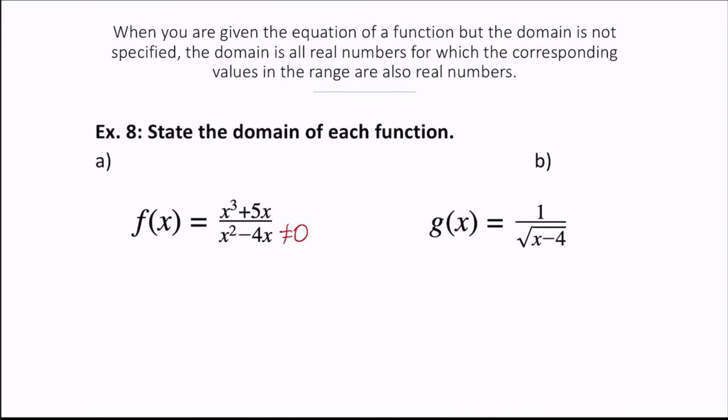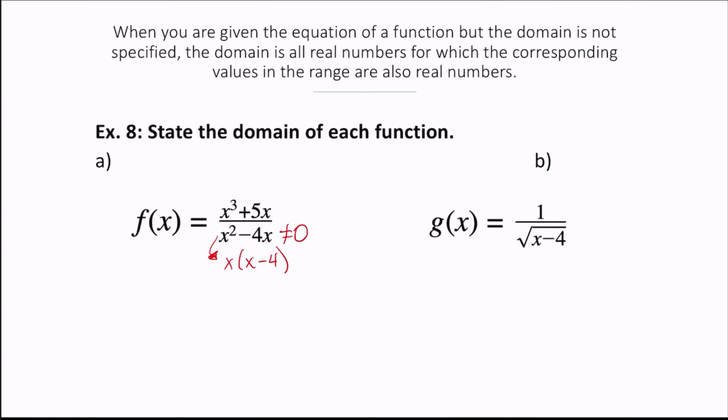So, the domain is everywhere except where this denominator equals 0. In order to determine where this denominator equals 0, we're going to factor it. So x squared minus 4x, we can factor out an x and make this x times x minus 4.